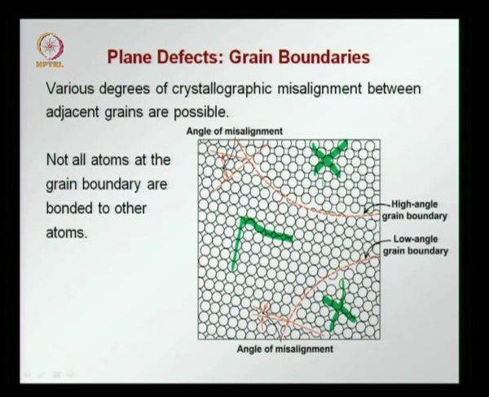Instead of being at the minimum, you are at a higher level of energy, and as we said, a material will always look to minimize the energy, and when the energy is higher it is unstable. This is the reason why you have diffusion occurring along the grain boundaries, and chemical reactions occurring first along the grain boundaries.